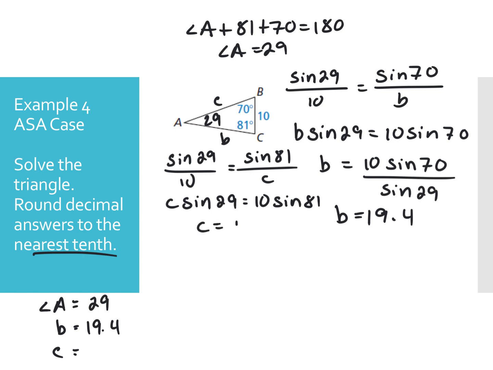And C equals 10 sine 81 over sine 29. All right, when I plug that into the calculator, I get that C is 20.4. So now we found all of the parts for this triangle.